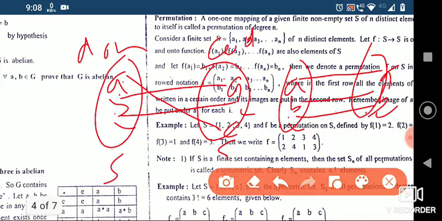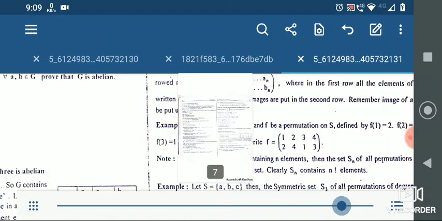That is n factorial. So if you have only one item, then you have only one choice, right? One factorial will be one only. If you have 2 points, then you have two chances only, that is 2 factorial. So here we have 3 points, so 3 factorial will be 6. So we have 6 ways of doing this.